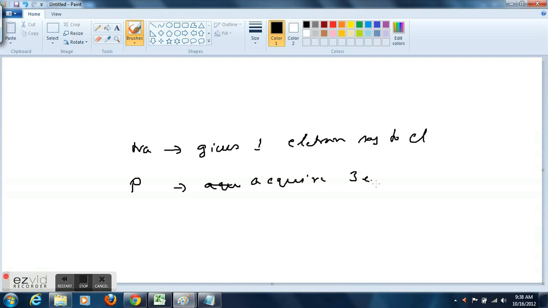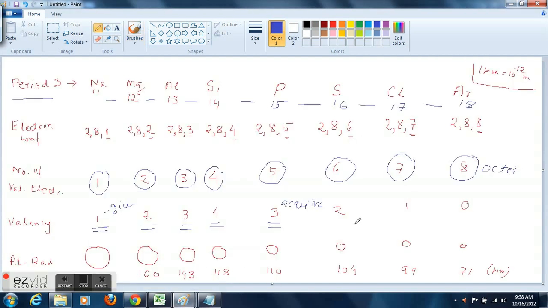Whereas phosphorus, which has 5 electrons, will try to acquire 3 electrons by means of covalency to form an octet. So the goal is to form an octet either by giving electrons, or by taking electrons, or by sharing electrons. Similarly for sulfur, which already has 6 electrons in the outermost shell, it will acquire 2 electrons by means of covalency to form an octet.